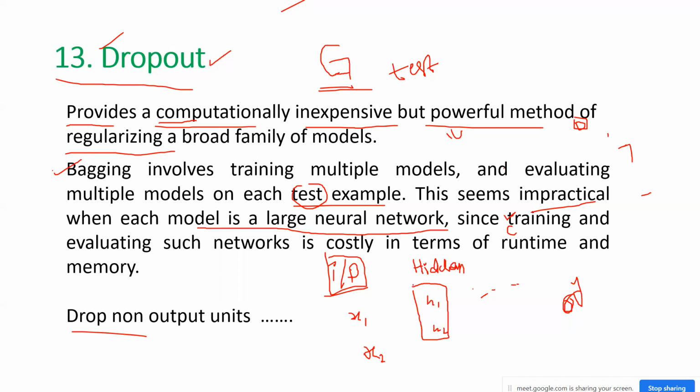So when we are constructing the model and using dropout, this dropout technique removes non-output units from the network. Whatever layer or unit is not generating the output, we remove those non-output units from the network.